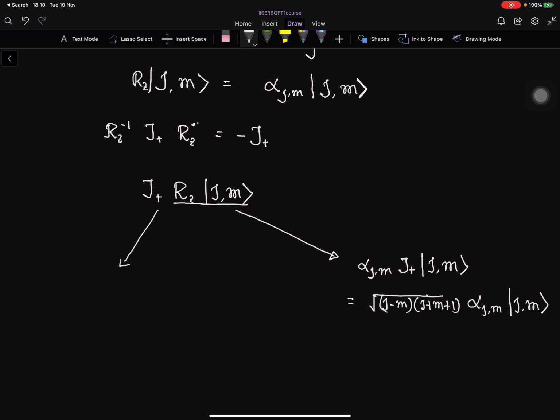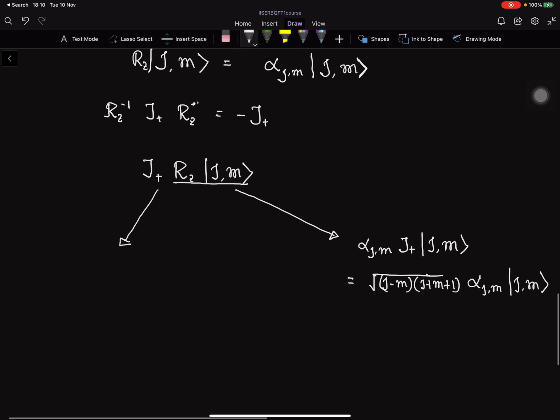And then the other way, we can write this part as Rz inverse J plus Rz |j, m⟩, which is the same as Rz, this thing is minus J plus.